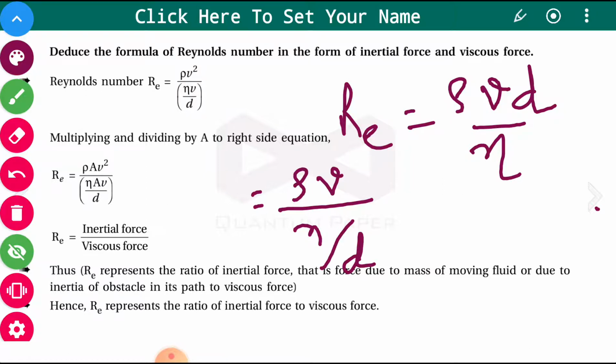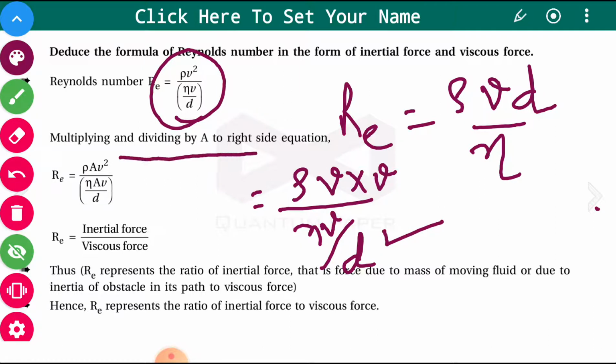Now if I multiply and divide by v, I get rho v square upon eta v upon d.